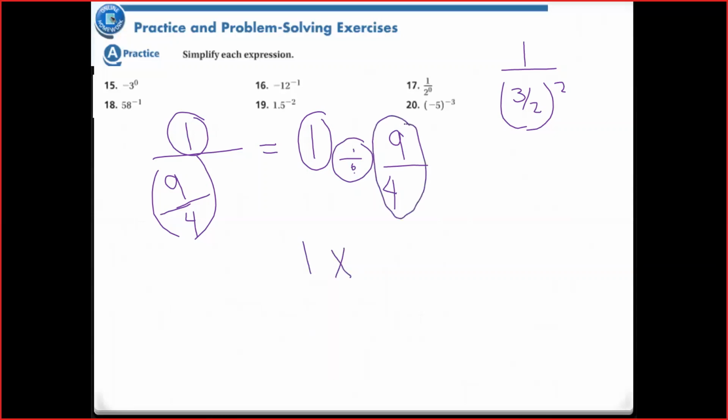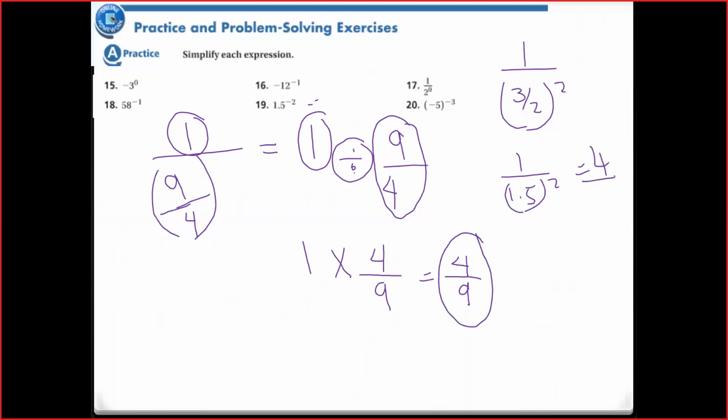And then I will write the reciprocal of 9 over 4, which is 4 over 9. So 1 over 9 over 4 is 4 over 9. So the answer here of 1 over 1.5 squared is 4 over 9. Thank you.